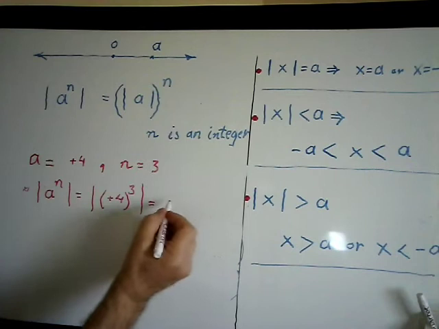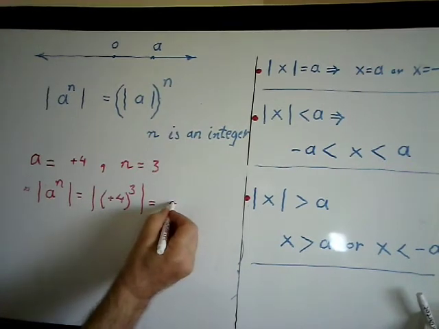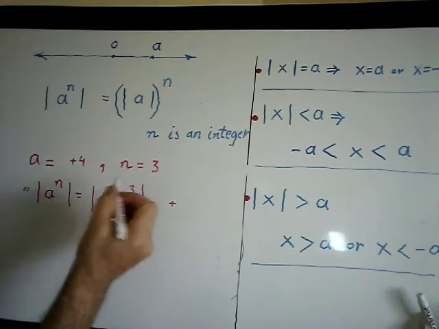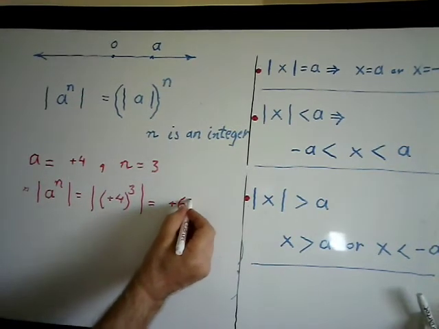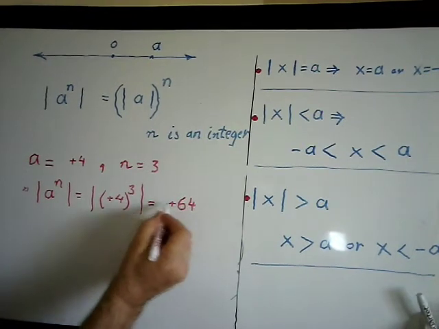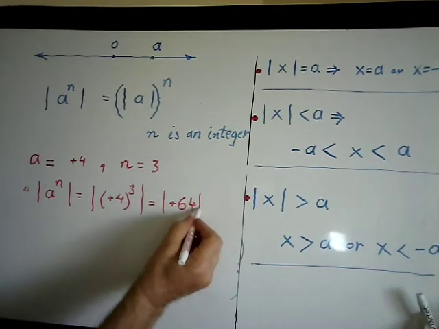The result will be plus 4 by 4, that's 16, by 4, that's 64. So the absolute value of plus 64 is 64.